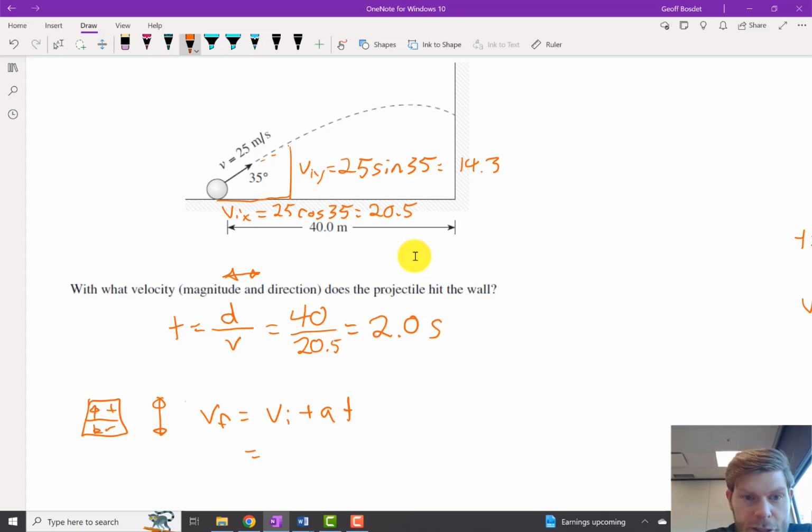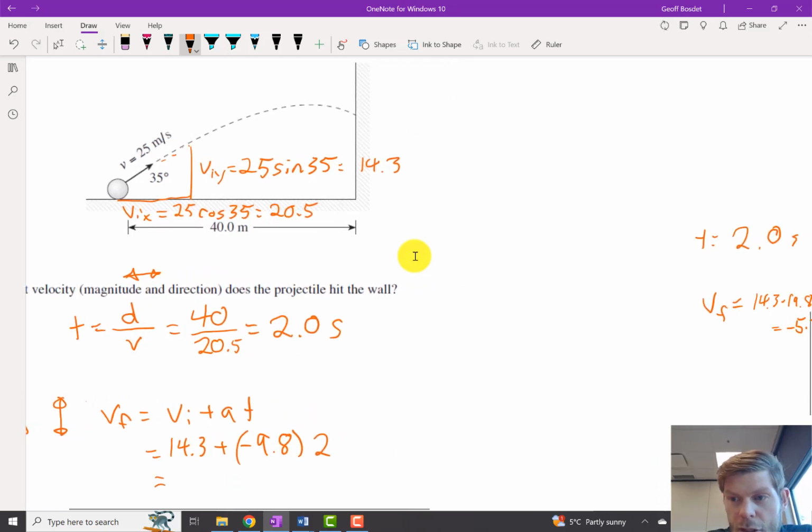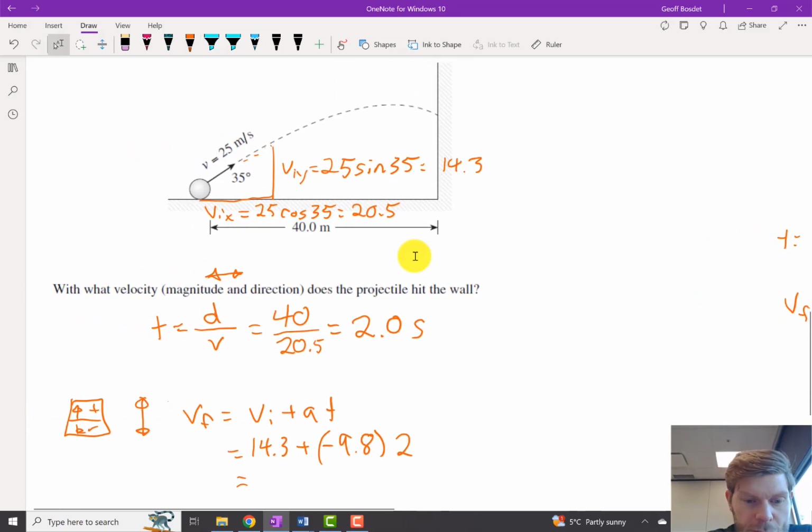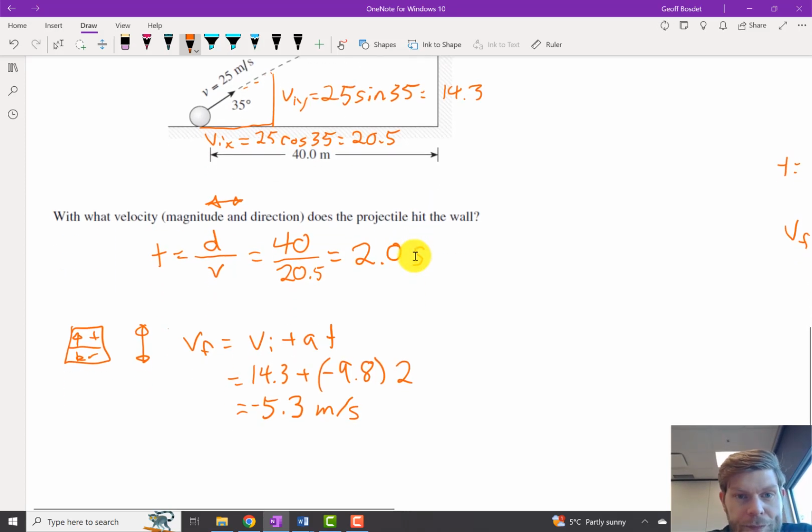So initially it was moving up at 14.3. Gravity is down at 9.8, and it was acting on it for 2 seconds. So it's going to change its velocity by 19.6 down. So that's going to equal 5.3 meters per second down, or negative 5.3 meters per second.